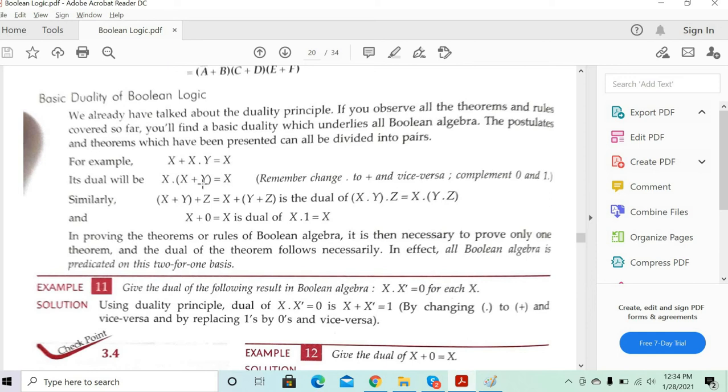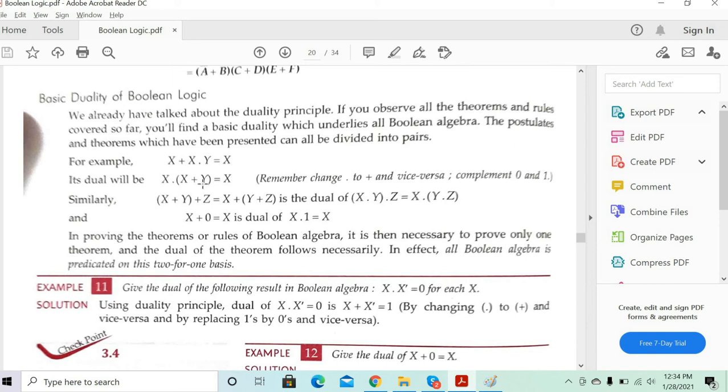Understood this part? Second part is that x dot x plus y is equal to x. Here in x plus y, even if you take the y value as 0, x plus 0 will be x only. And even if you take y value as 1, then 1 plus x will be 1 only.